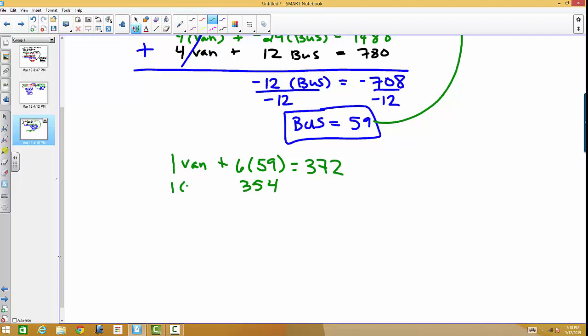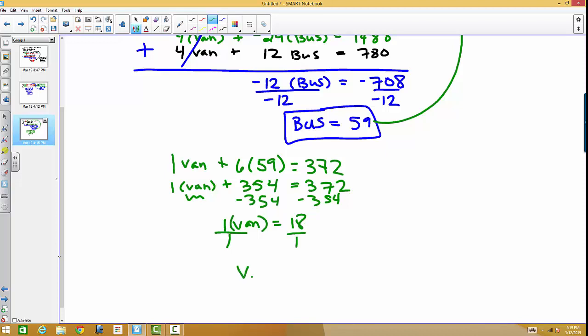So 1 times the van plus 354 equals 372. And then we want to solve for the word van, so we're going to subtract 354. And we're getting 18. So 1 van is 18. This is a 1. You could divide by 1. You don't even have to do that. Van just equals 18.